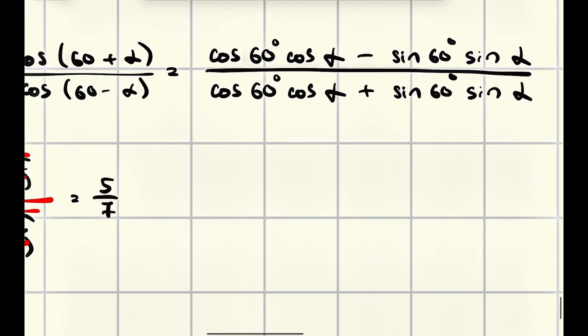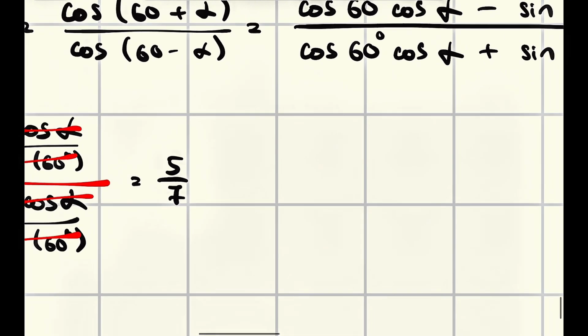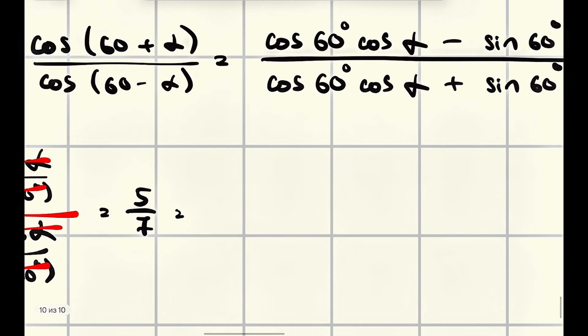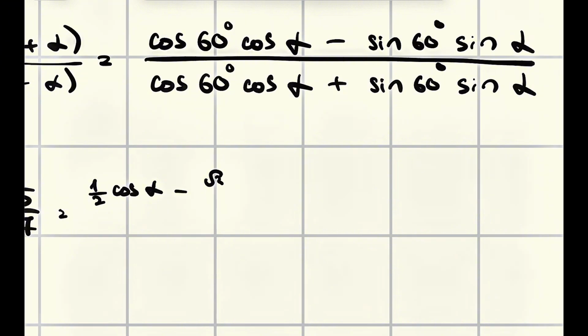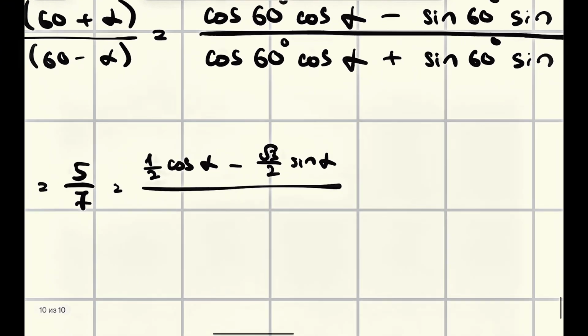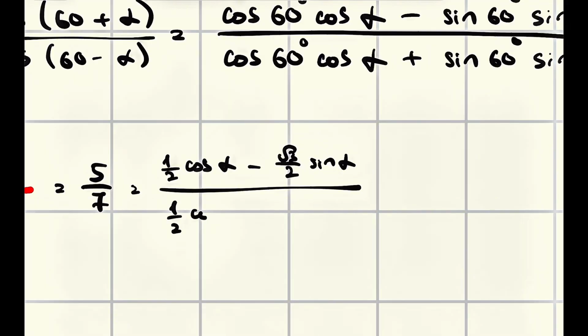Those numbers: cosine 60 is just 1 divided by 2. So this is 1 divided by 2 cosine alpha minus square root 3 divided by 2 sine alpha, and the other one is the very same thing, cosine alpha plus square root 3 divided by 2 sine alpha. The only difference is just that plus sign.